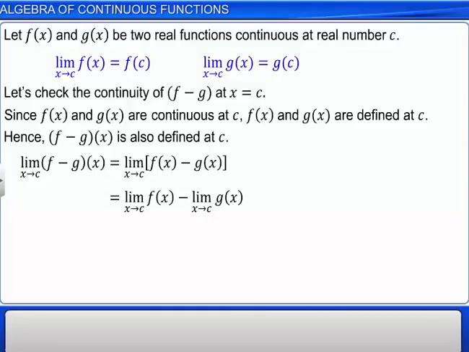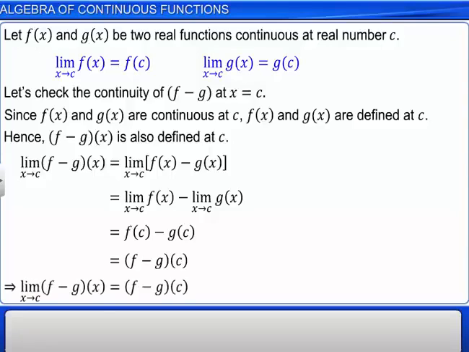Now, since functions f and g are continuous at x is equal to c, we have f of c minus g of c. This is equal to f minus g of c. By the property of subtraction of functions, this means that the limit of the difference of the functions is f minus g of c, so it is continuous at c. Hence, f minus g is continuous at x is equal to c.